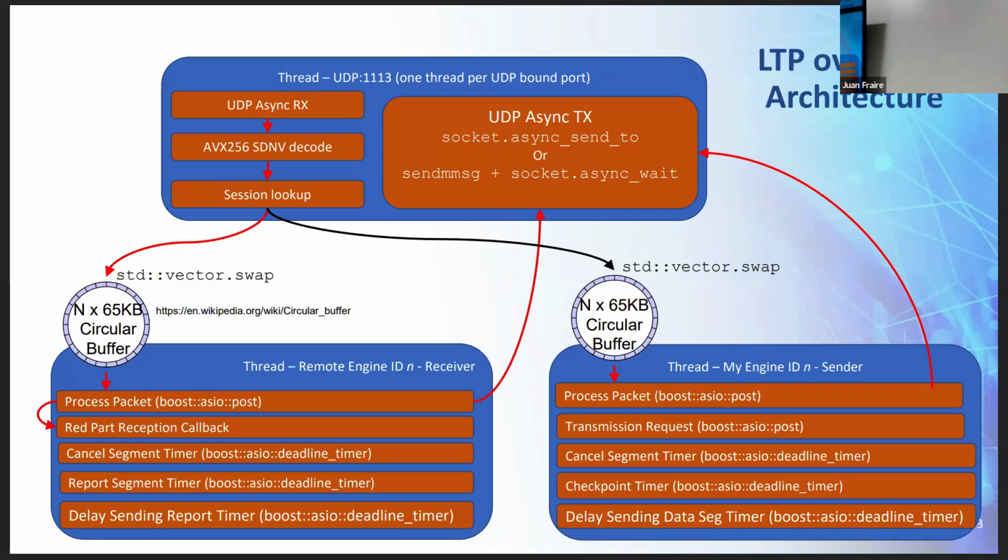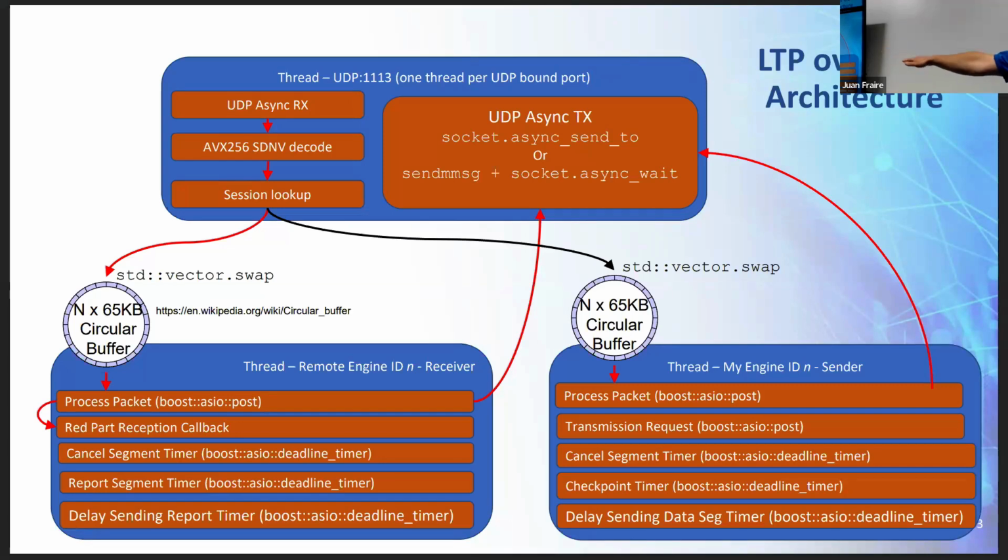And then it's going to look up which session that UDP packet belongs to, the engine ID, the receiver or the sender whom that packet belongs to, and it's going to swap it into its circular buffer. We're trying to avoid UDP packet drops because of lack of processing time. So that top thread is trying to give those packets to these other threads to process.